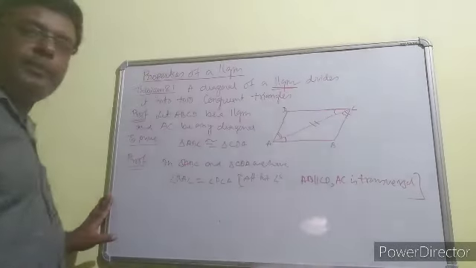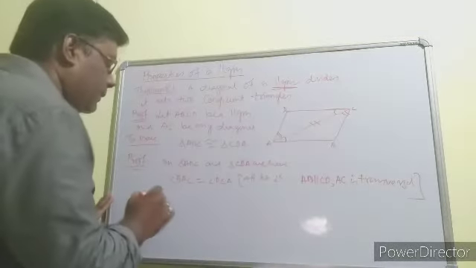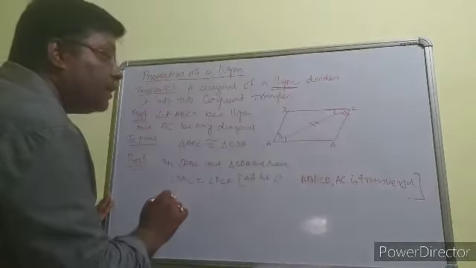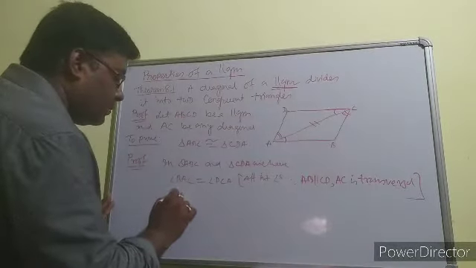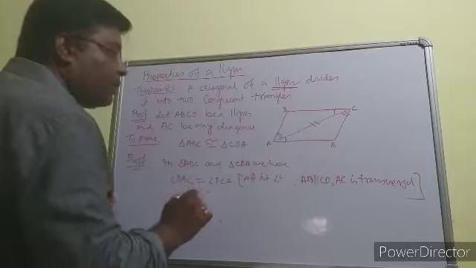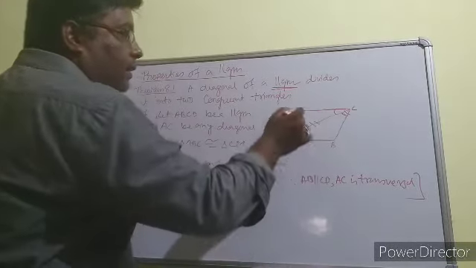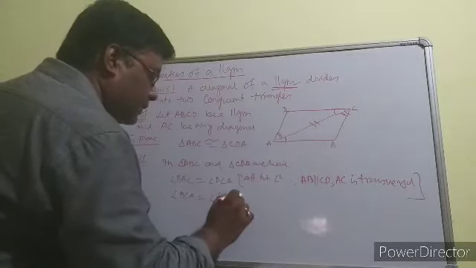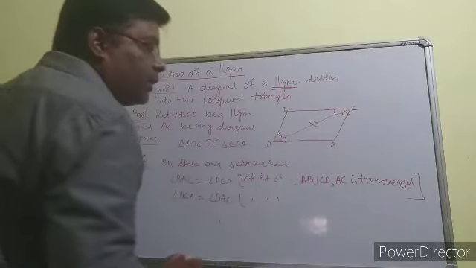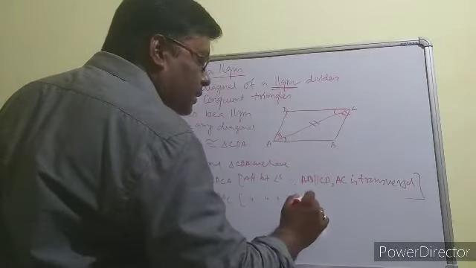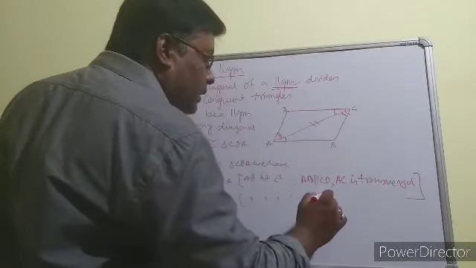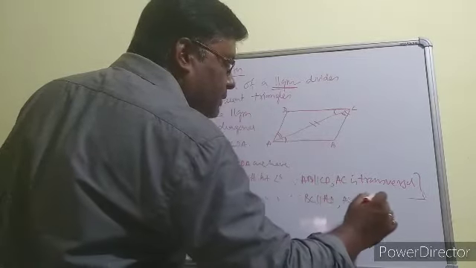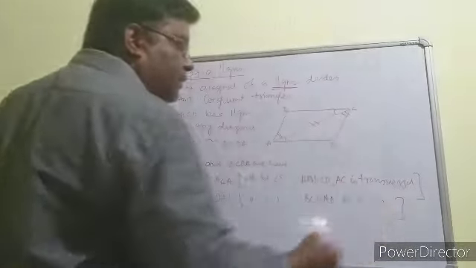So this is the property. Next one, angle BCA is equal to this angle DAC. This is also the same, alternate interior angles, since BC is parallel to AD and AC is a transversal.